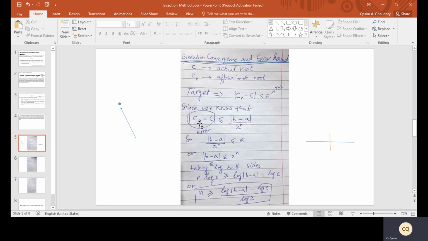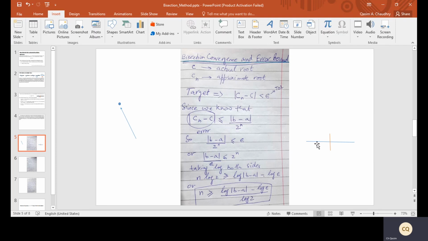Now, if you are taking n is equal to 1, then you can simply generalize this. So students, if n is equal to 1, then c1 minus c, and now you don't know the exact value of the root. Let's say the root is maybe at this point, or this point, any point, right?